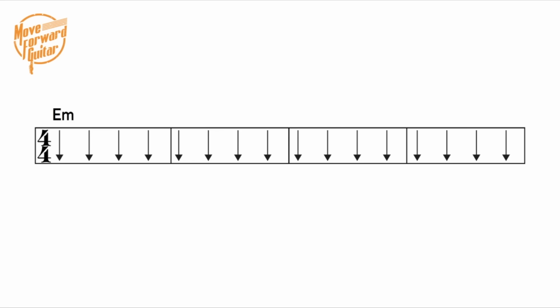So it's also important to count when you're playing, or at least count in your head to know where you are at all times. And counting quarter notes is really easy because it's just 1, 2, 3, 4. That's it. So when you strum down, you count 1. When you strum down the next time, you count 2. Next time 3. Next time 4.